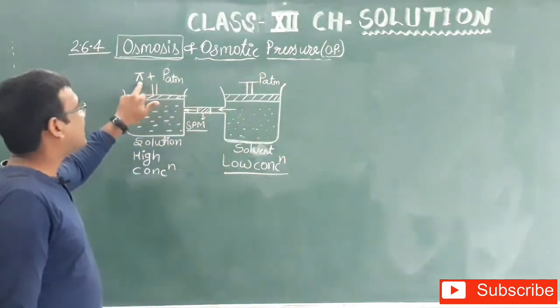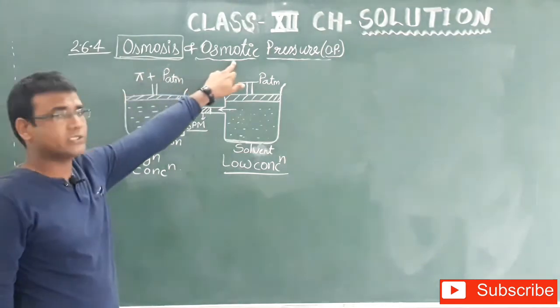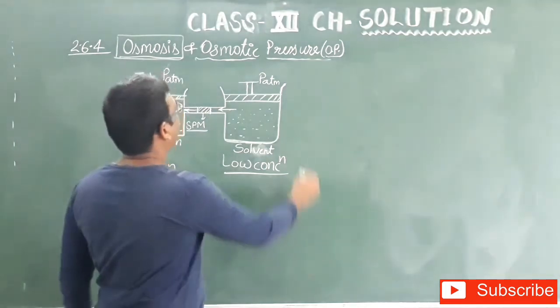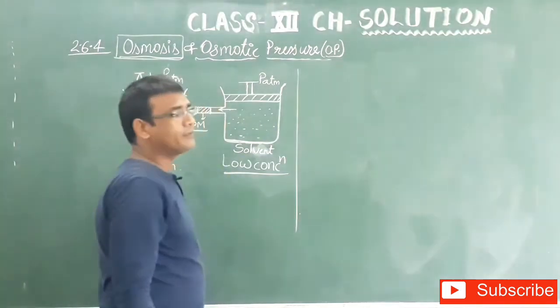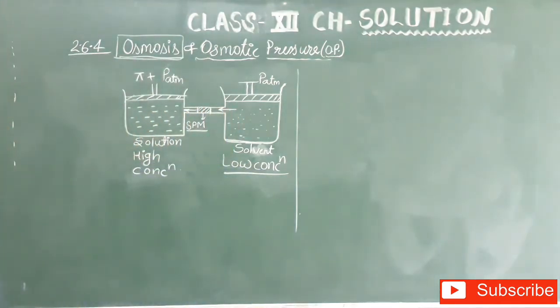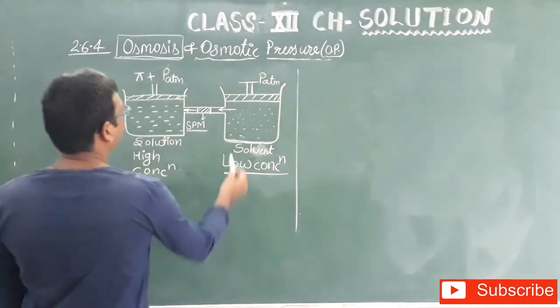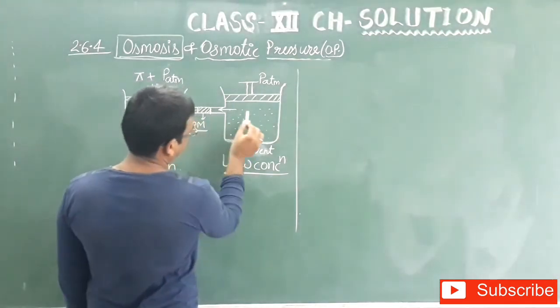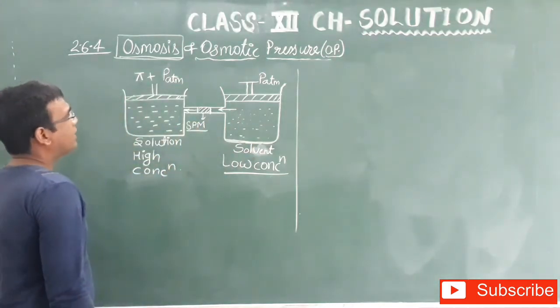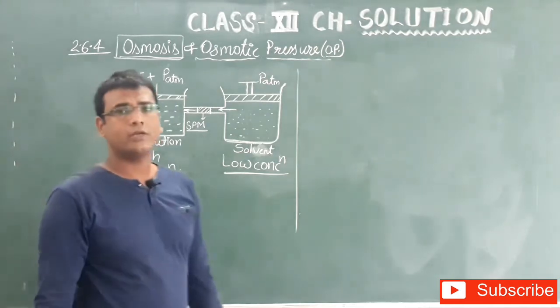So the amount of this excess pressure is called osmotic pressure. Now what is the definition of osmotic pressure? The pressure which is applied on a system that stops the flow of solvent particles or water molecules, that pressure is called osmotic pressure, OP.